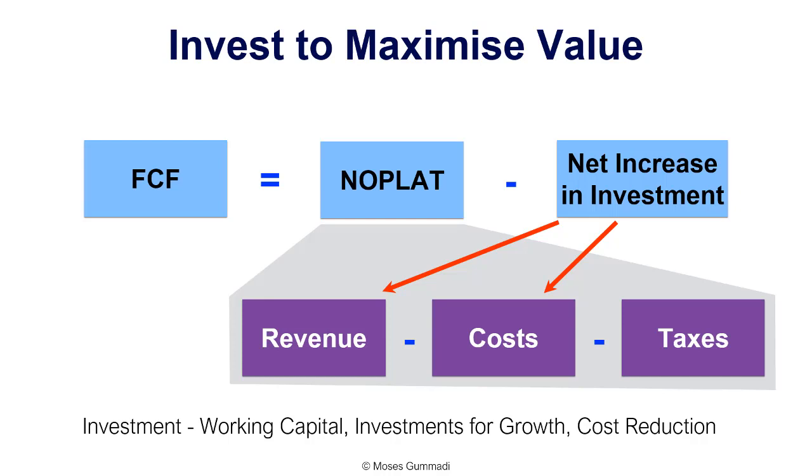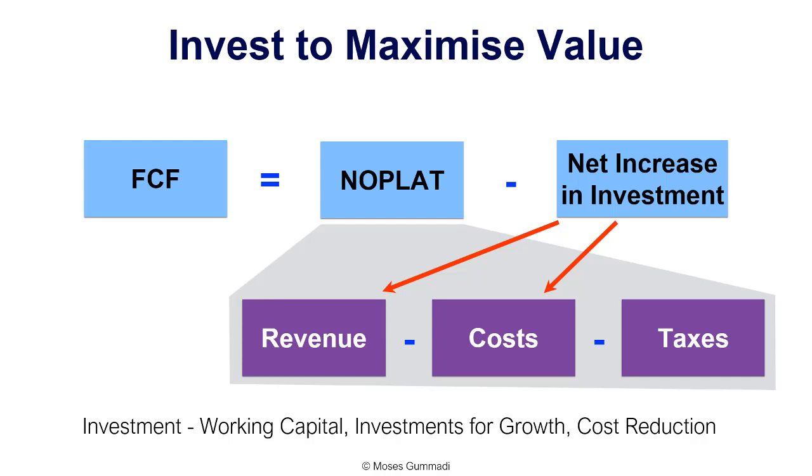Now, what we are saying is the free cash flows that are available to the investors is not the entire NOPLAT, but a portion of it. That means the retained portion is essentially the investment into the business, which is used to increase the revenue, cut down the costs, probably restructure the taxes, and reduce the working capital, make investments for growth and cost reduction, etc. So essentially what we do is use these reinvestments to increase the NOPLAT the next year, while of course paying attention to the customer value and employee value.